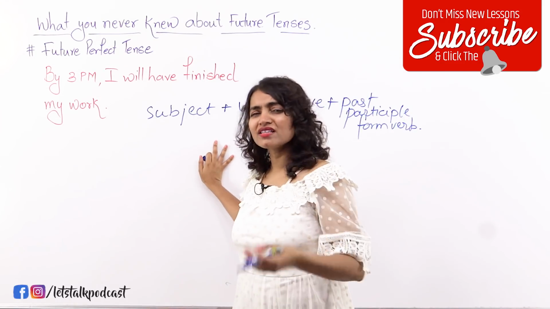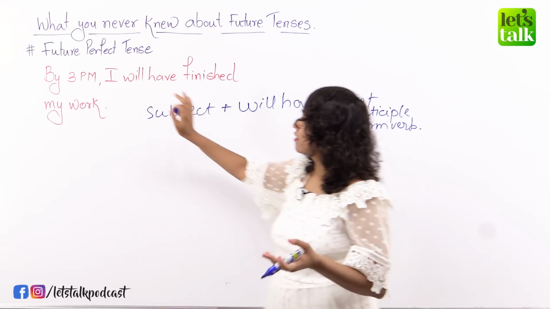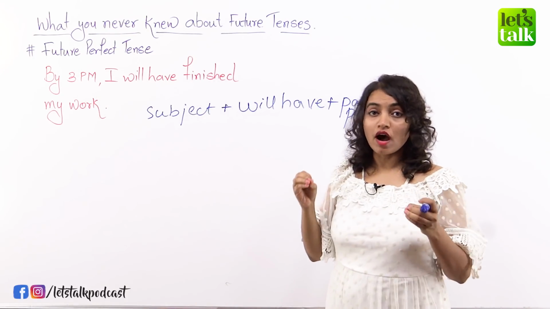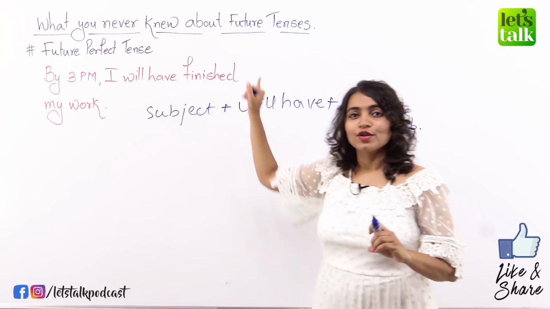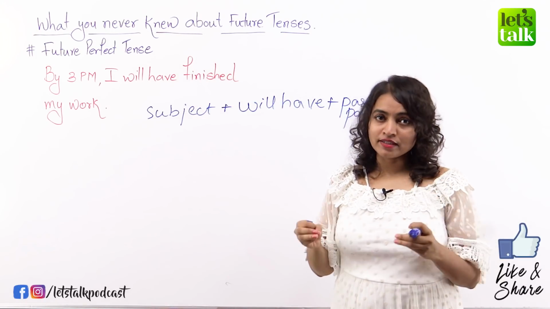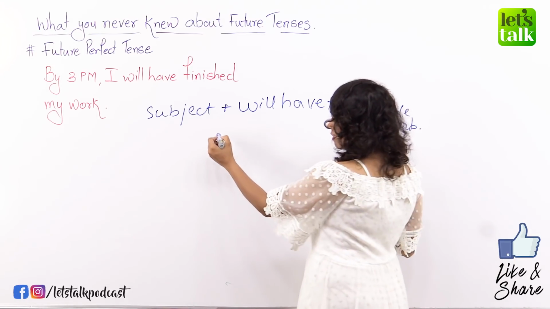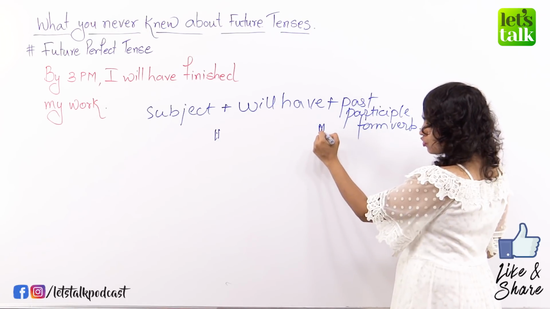Now, what is the future perfect tense and when do you use it? The future perfect tense is used when you are obviously talking about a future event. However, you are talking about that event happening between some point in the present and some point in the future.